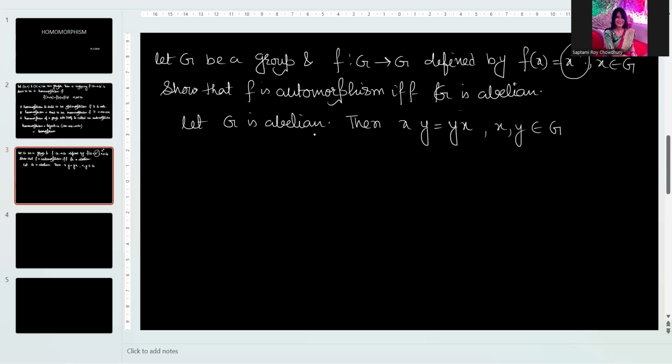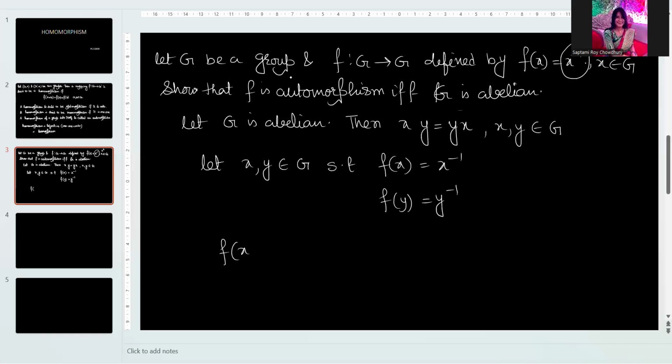Now we have to show that this is a homomorphism. First, let x, y belong to G such that f of x equal to, obviously, x inverse and f of y equal to y inverse. Now f of xy, by the definition, is xy whole inverse. What we know is that this is y inverse into x inverse.